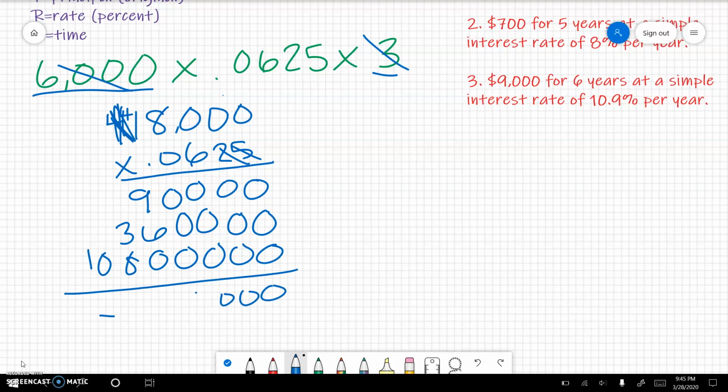Then I add: 0, 0, 0, 0, 9 plus 6 plus 0 gives me 15, that gives me 12, that gives me 1, and then a 1.